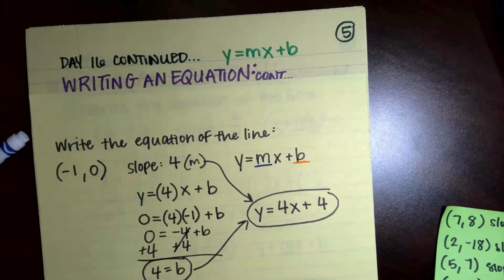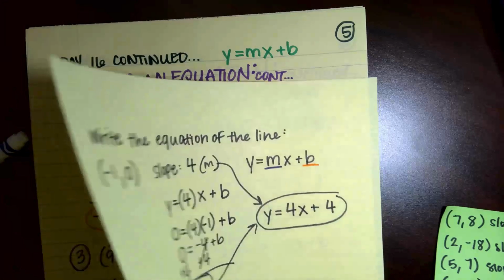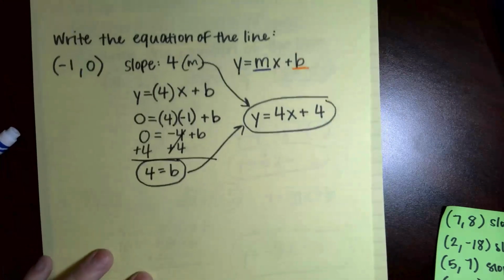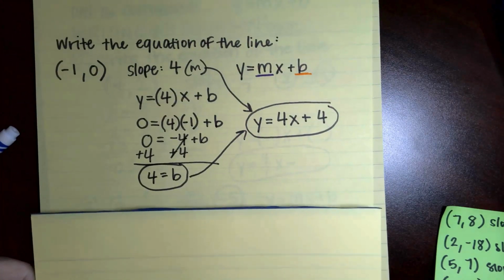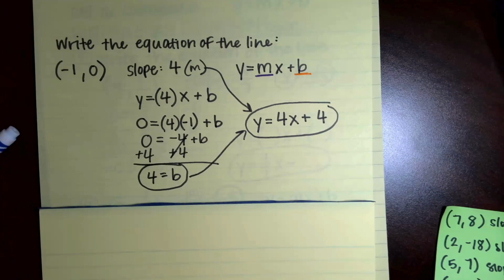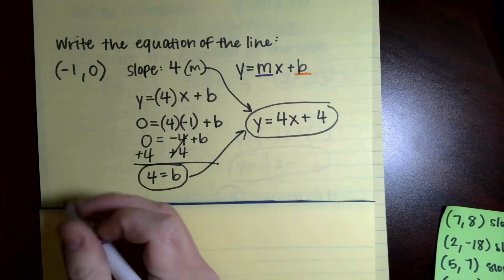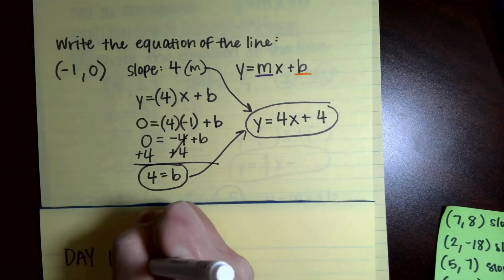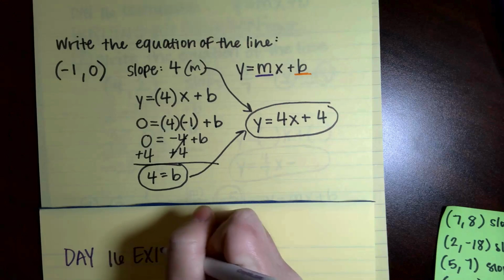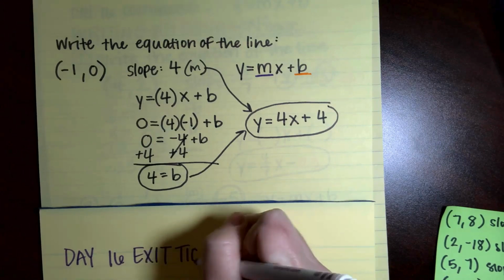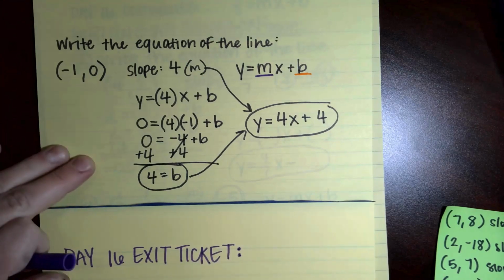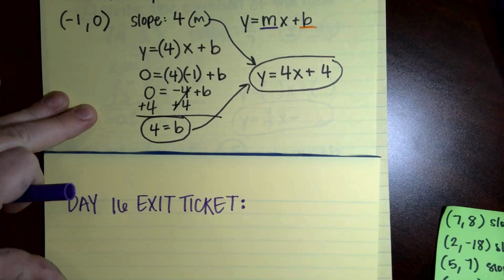Okay, I am going to give you an exit ticket. This is day 16. I'm going to let you guys write that down while I'm making your exit ticket. Okay, can I move this?